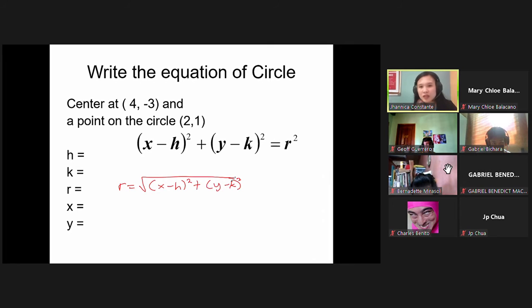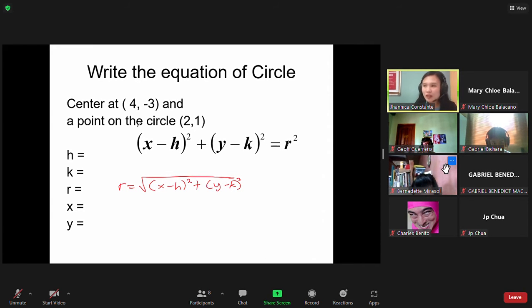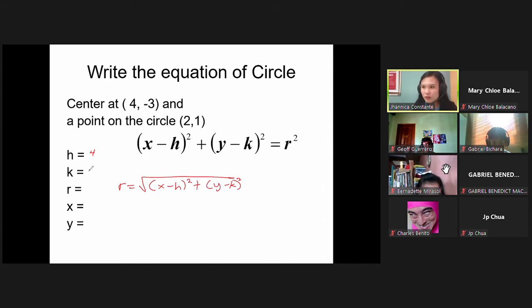Before we proceed in writing the equation of the circle, we need to solve for the radius of the given circle with a center of 4 and negative 3 and a point which is 2 and positive 1. So looking at the given, we have the values for h and k, which are positive 4 and negative 3. The values for x and y are positive 2 and positive 1.